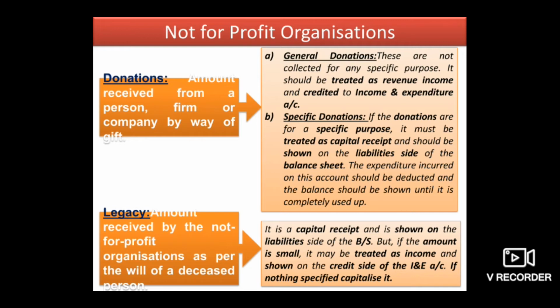If it is a specific donation, for a specific purpose, it must be treated as a capital receipt and shown on the liabilities side of the balance sheet. The expenditure incurred on this account should be deducted and the balance should be shown until it is completely used up.